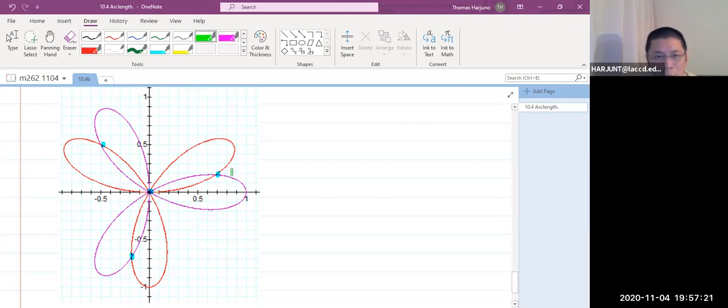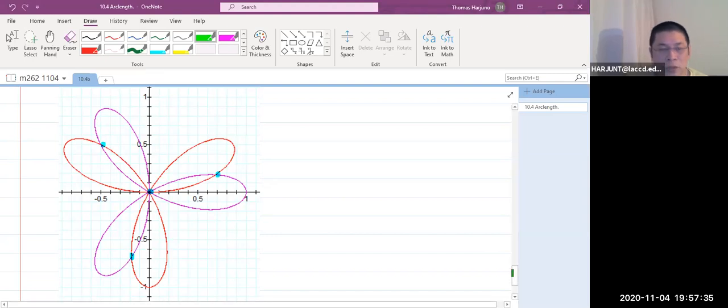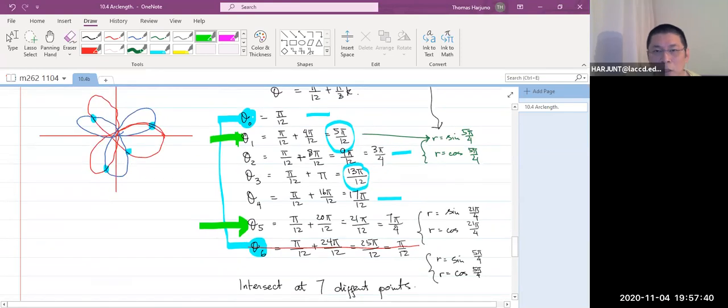Or is this the 5 pi over 12? I got frustrated because I don't see what I want to see. I didn't get this one, I didn't get this one either, but I confirm that this guy gives me the same result, and I think this will also give me the same result.